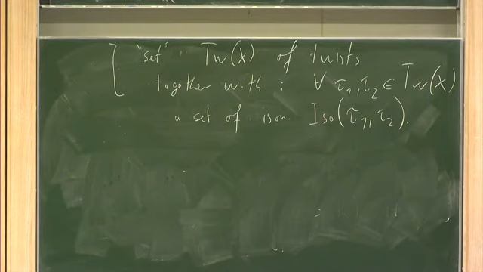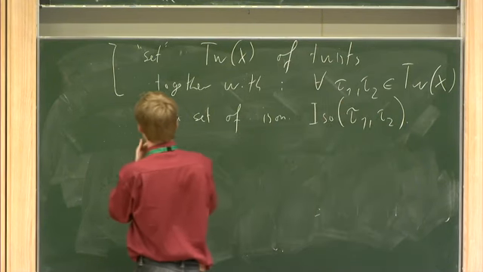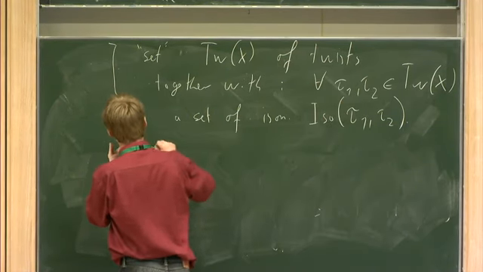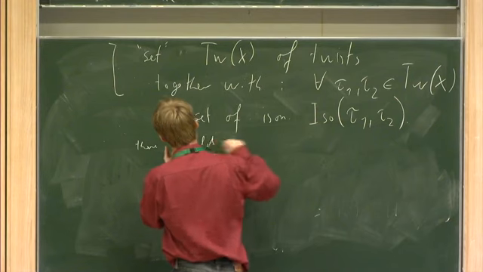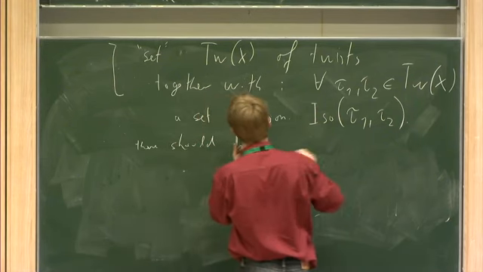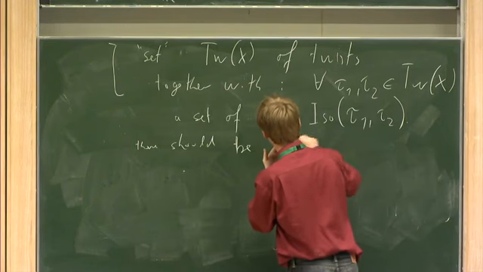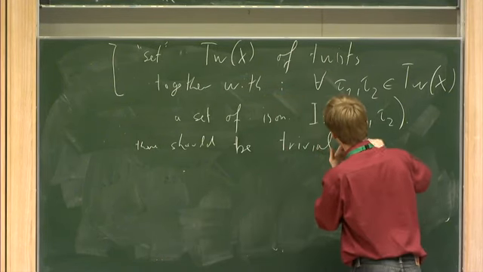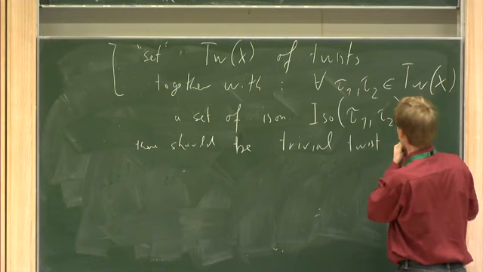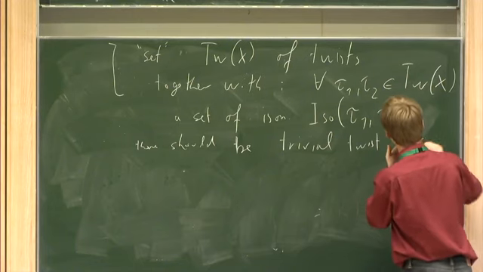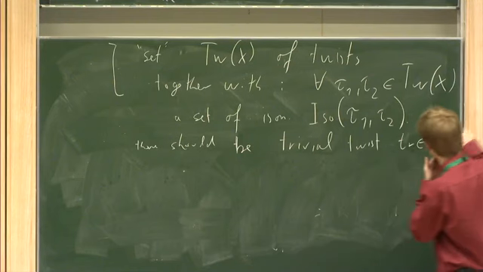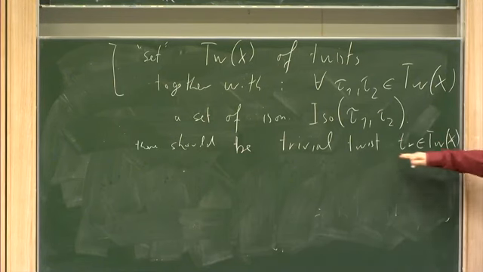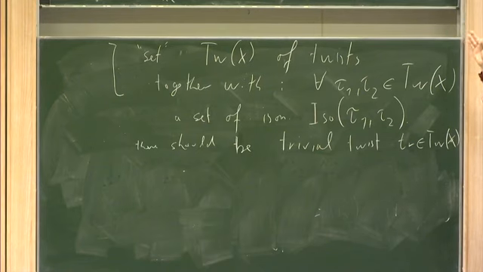And pointed means there's a special twist, the trivial twist. Each time you insert the trivial twist up there, you get the usual theory, so untwisted K-theory.